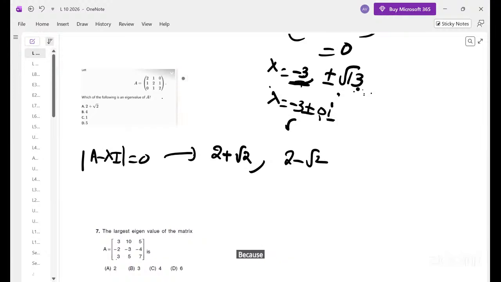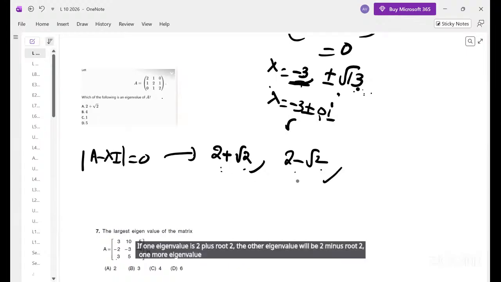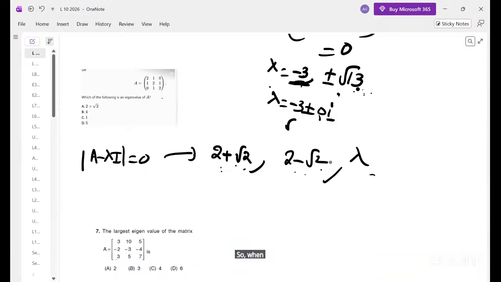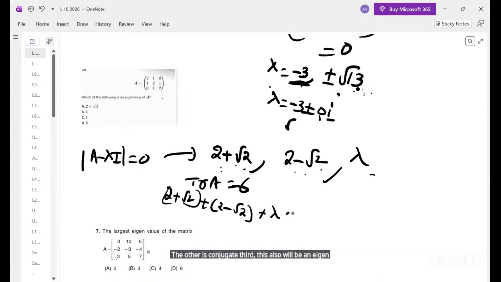Yes, because it is a real matrix. If one eigenvalue is 2 plus root 2, the other eigenvalue will be 2 minus root 2. One more eigenvalue remains: the sum of the eigenvalues should be equal to the trace. When you add them, you should get back the trace. The trace here is 6. So one eigenvalue is 2 plus root 2, the other is its conjugate, 2 minus root 2, and the third lambda satisfies 4 plus lambda equal to 6.